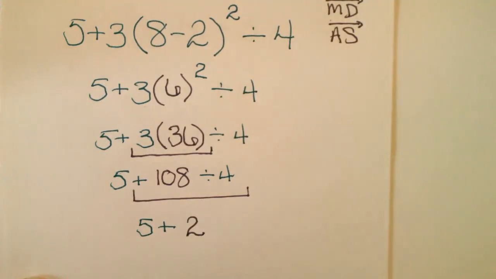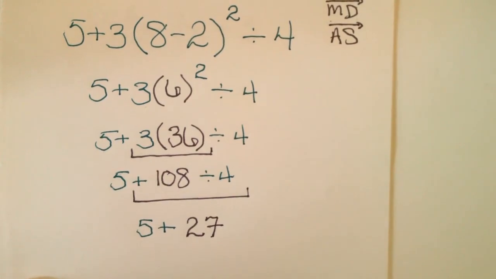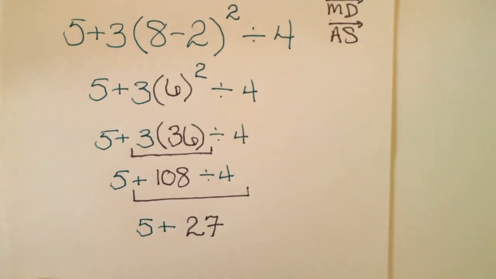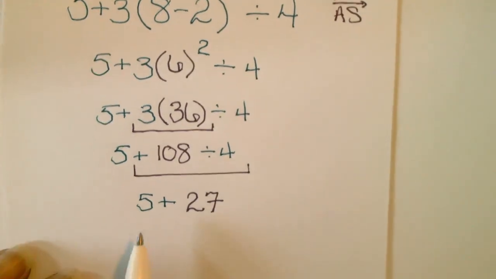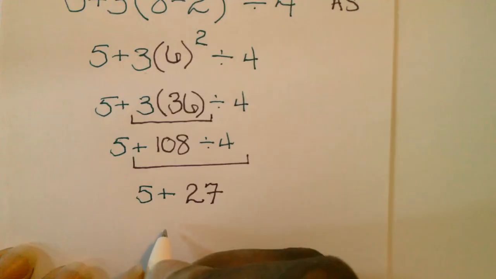Bring down that 8, so we have a 27. There we go. Okay? Because 4 can go into 10 2 times. Gives me a remainder of 2. When I bring down the 8, that's 28. So how many 4s can go into 28? Exactly 7. So now we got what's last. 5 plus the 27 gives us our 32.